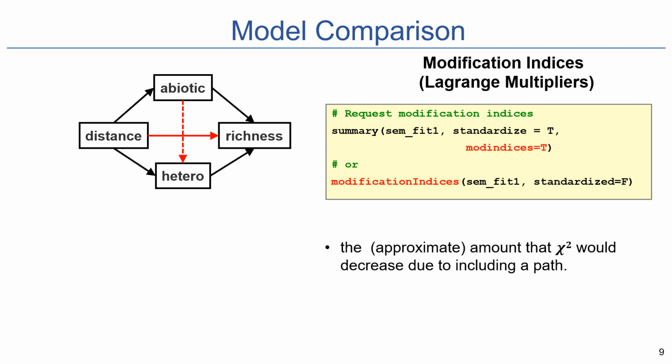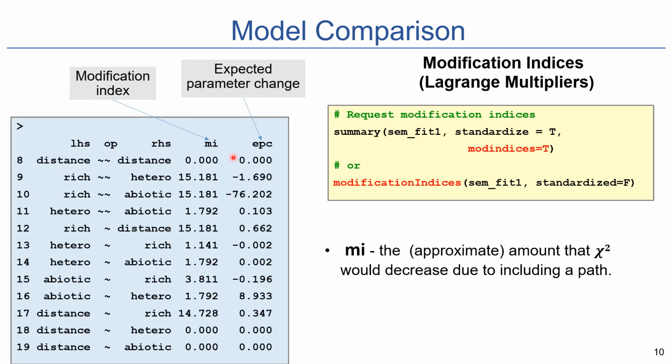And we can request such indices using the argument mod.indices equal TRUE in our summary function, or simply use the function modificationIndices on our fitted model. And here in blue is the output of this function, and you can see that lavaan gives us the modification indices, MI, for each variable in our model, but also for each possible relationship between variables.